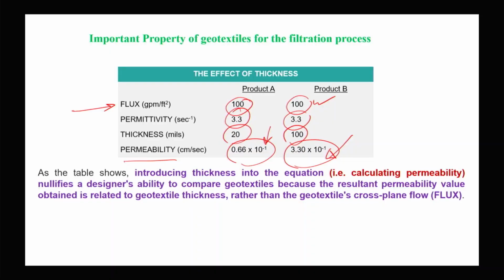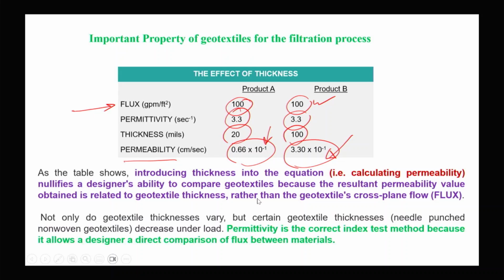So the designer's ability to compare the geotextile is lost here. So permittivity is the correct index test because it allows the designer a direct comparison of flux between the materials. So higher flux means higher permittivity. Okay.